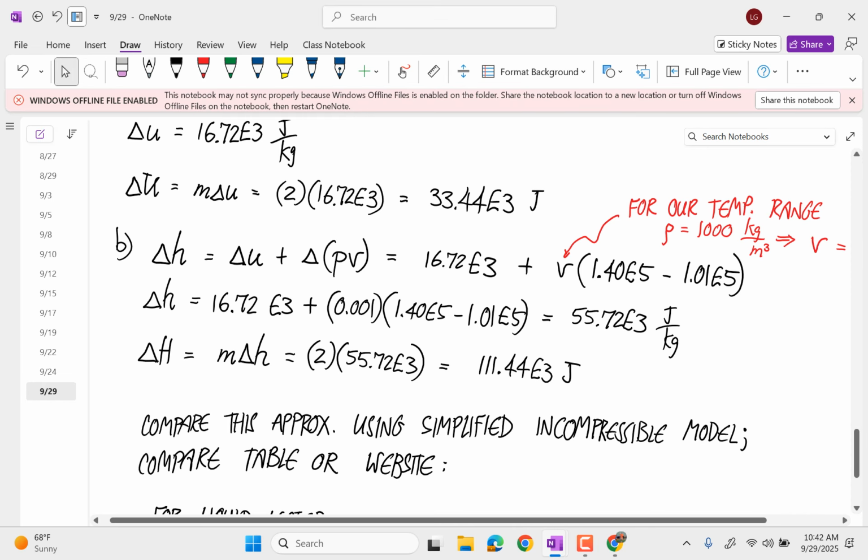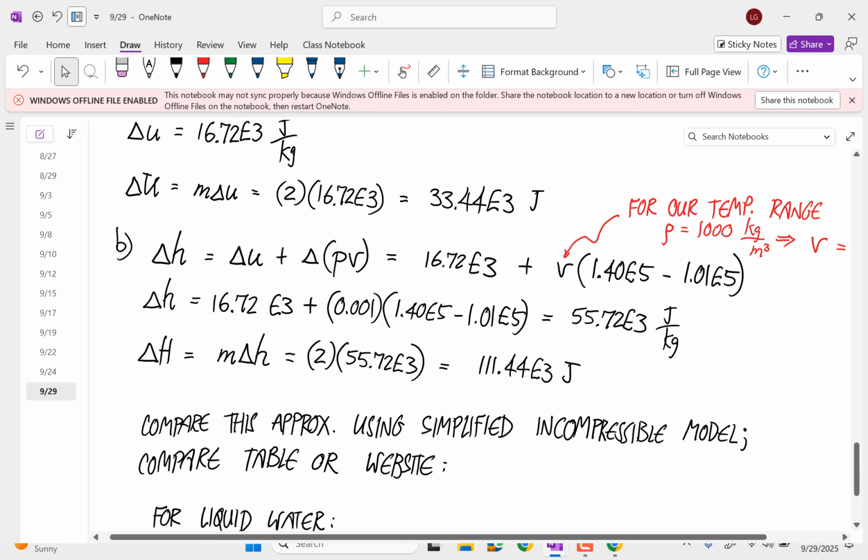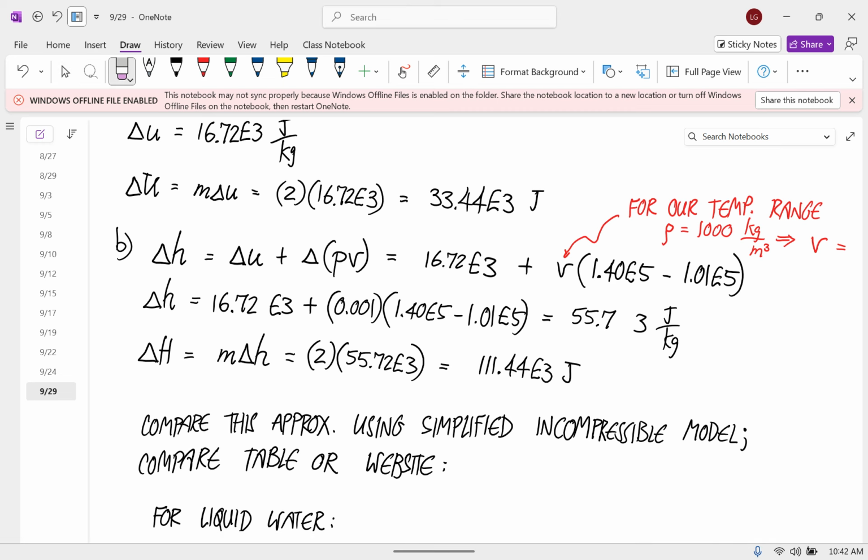So 16.72 times 10 to the third plus 0.001 times, okay, and this time I got, so yeah, that calculation just wasn't right here.